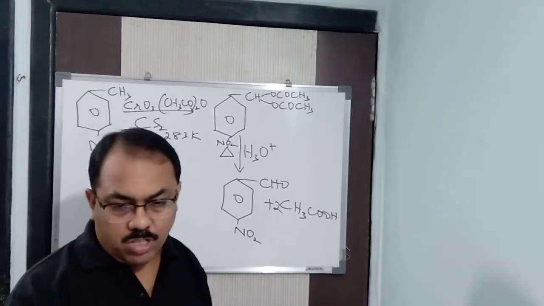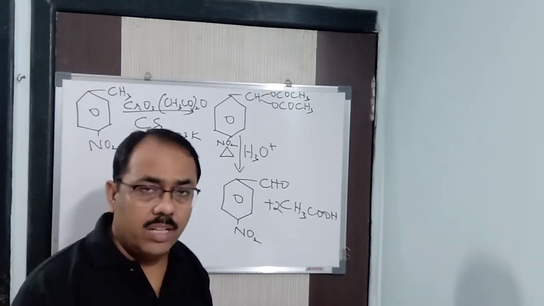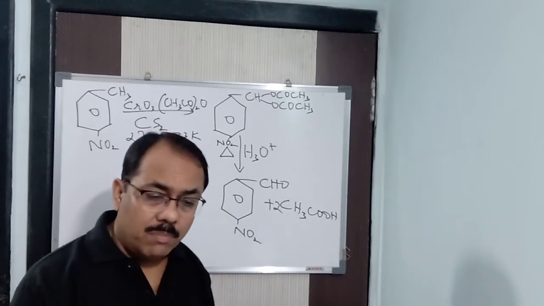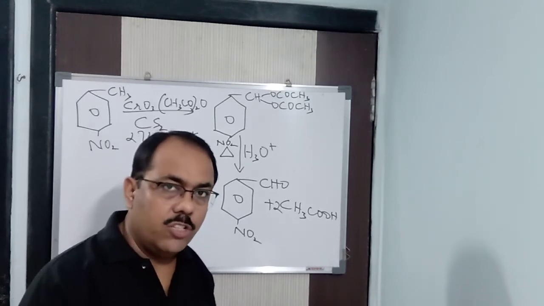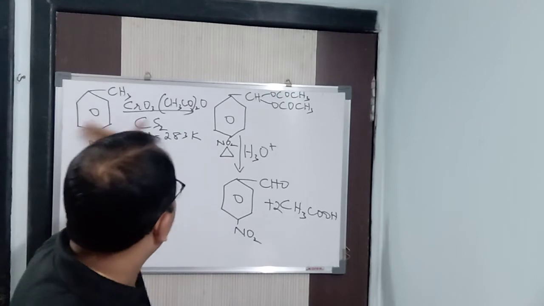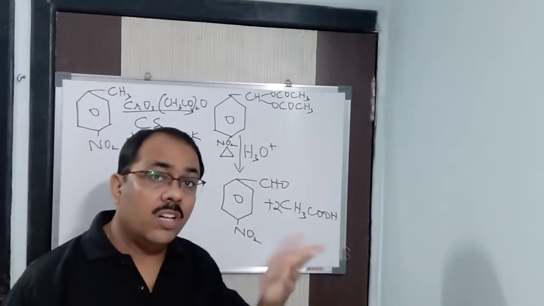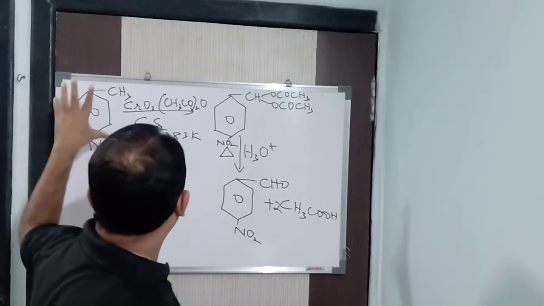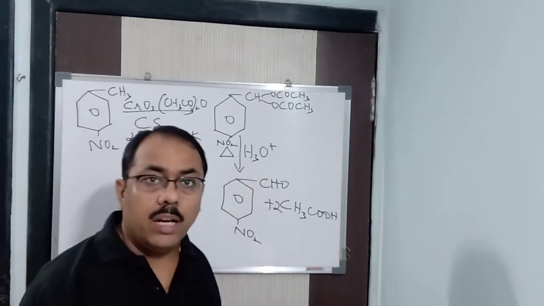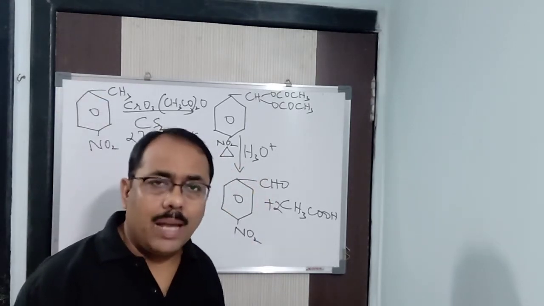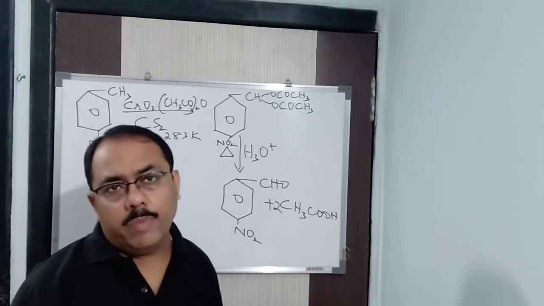You have done this sort of question earlier also in class 11, and in the previous chapter. Complete the following: the reactant will be given and you need to complete the product. Or it will be asked, convert the following, meaning para-nitrotoluene to para-nitrobenzaldehyde. Same thing, simple. Or para-chlorotoluene to para-chlorobenzaldehyde. Same thing.